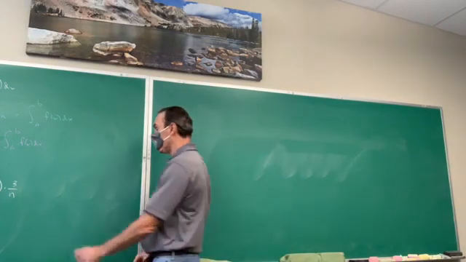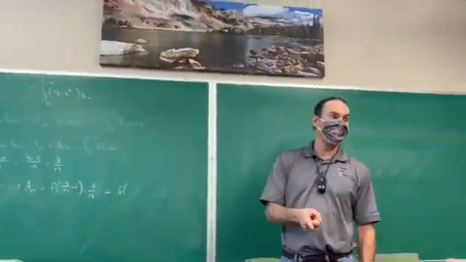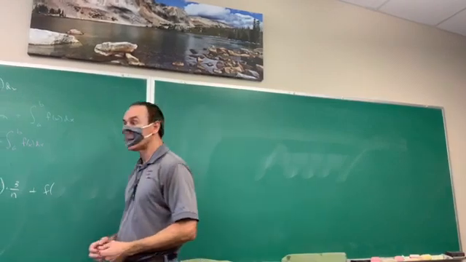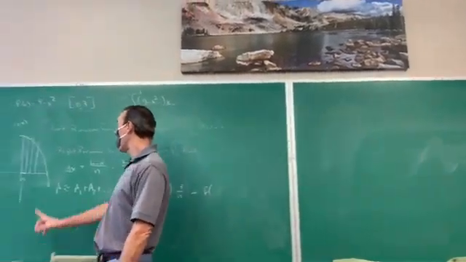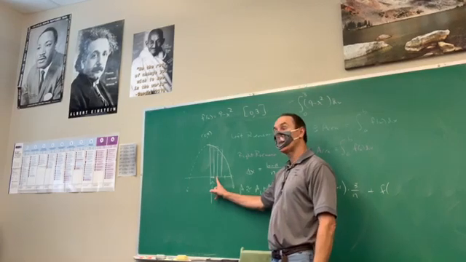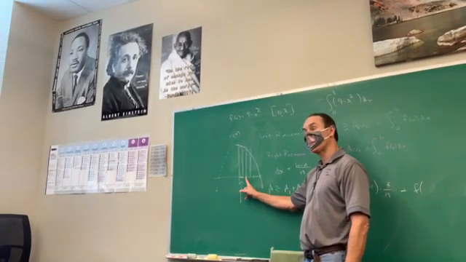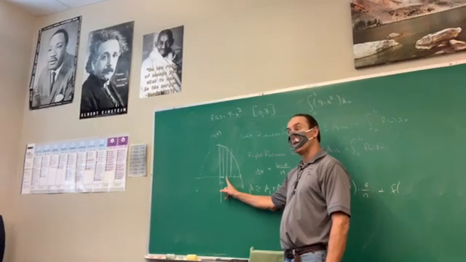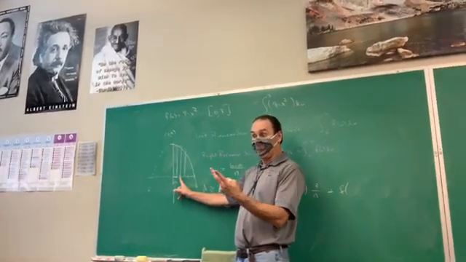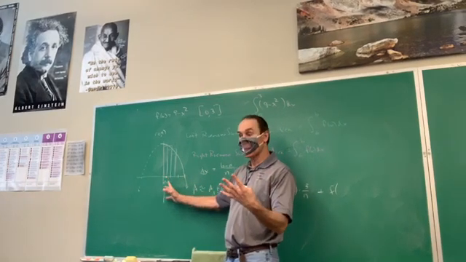Second rectangle. We're going to take f of, well, what are we going to plug into the function to get the height of our second right-hand rectangle? We're going to plug in that x value right there, and how far away from 0 is that? 3 over n times 2. Yeah, 3 over n times 2 is 2 delta x's, right? And each one is 3 over n, so it's 2 times 3 over n.